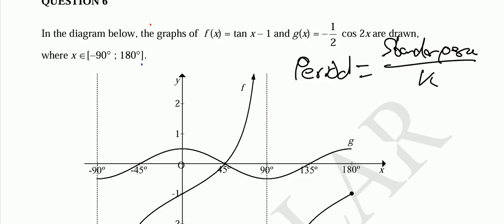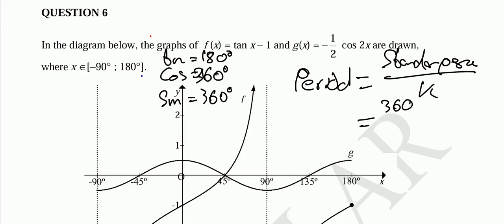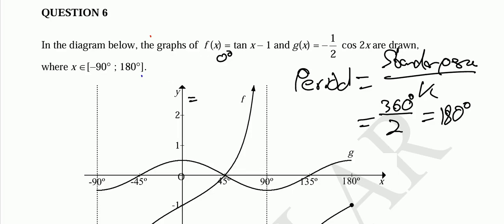We know the standard period of tan is 180 degrees, of cos is 360 degrees, and of sine is also 360 degrees. So for g of x, the period will be 360 degrees, which is the standard period of cos, divided by k, which is 2, which is 180 degrees. They have sketched our graphs for us.